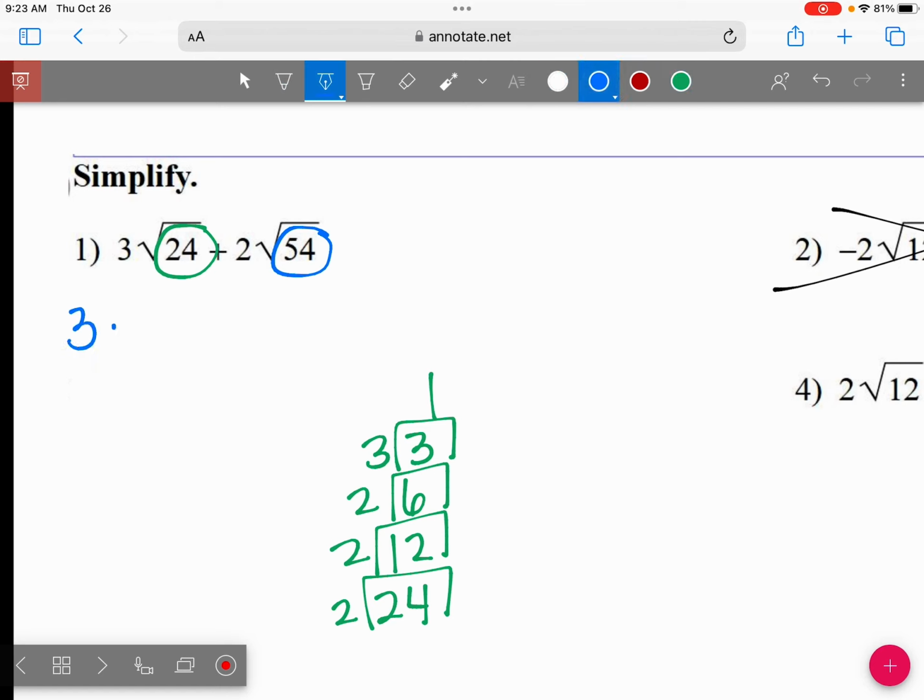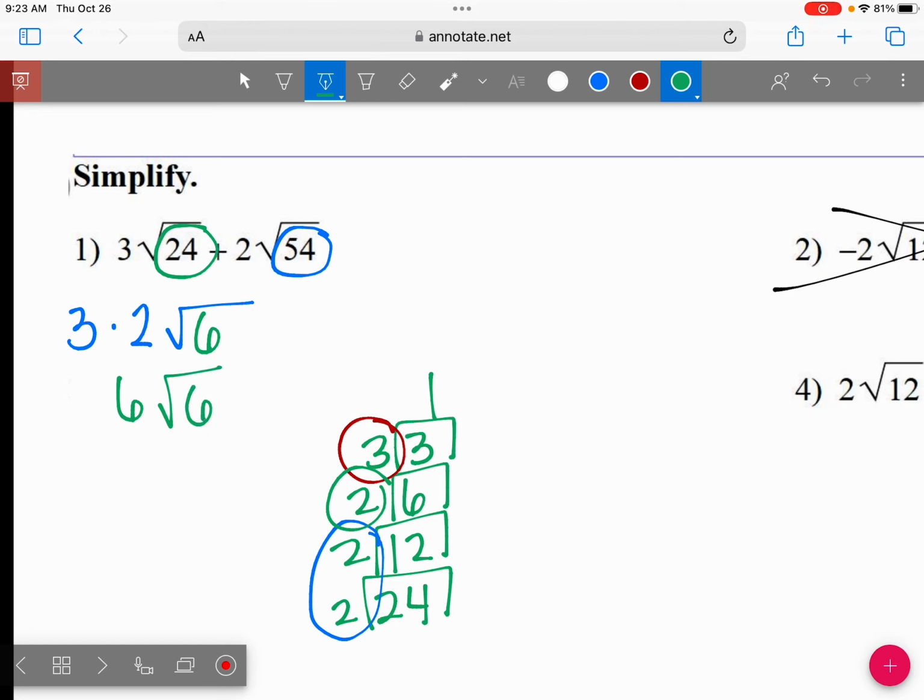But now I'm adding to that a pair of what? What do I have a pair of? Pair of 2s. That can go in the front with the 3. And then underneath the square root, I have a 3 times 2, which is 6. So that becomes 6 root 6.